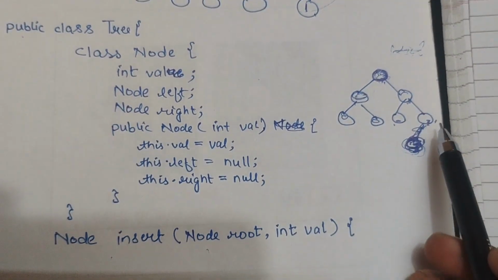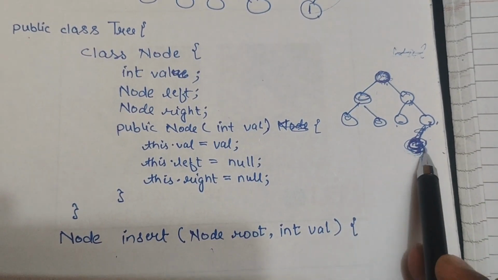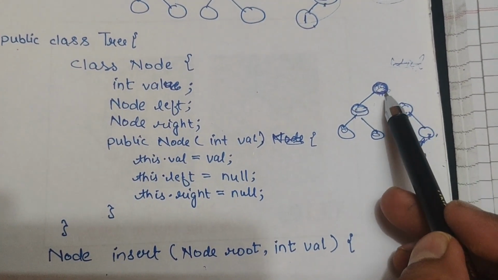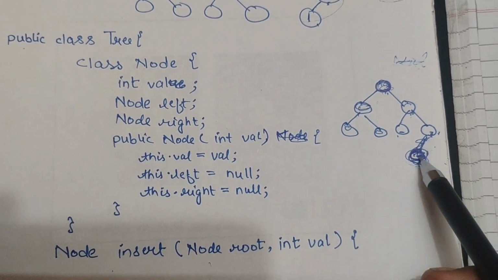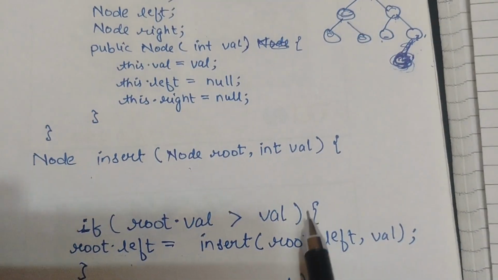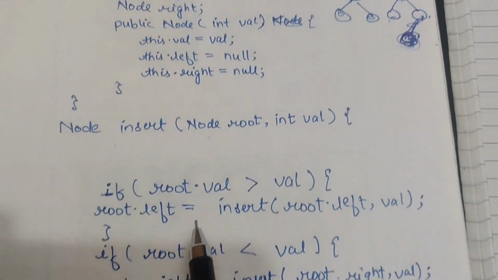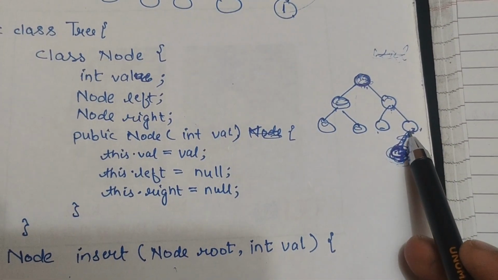Now, I told you that before inserting this particular node, this position would have been null. This value will compare: it is greater than this, it is greater than this, it is less than this. But now it will call root dot left, and the left of it is null.